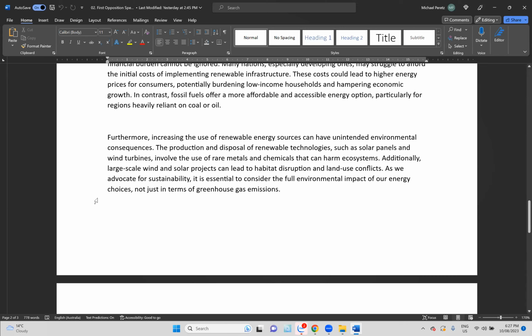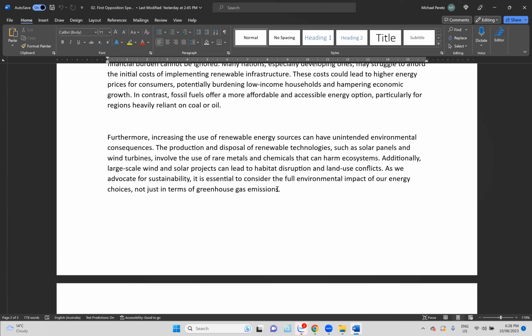As we advocate for sustainability, it is essential to consider the full environmental impact of our energy choices, not just in terms of greenhouse emissions. So the opposition are making a very strong case here for you're only thinking of one part of the environmental problems, which is the greenhouse gas emissions.